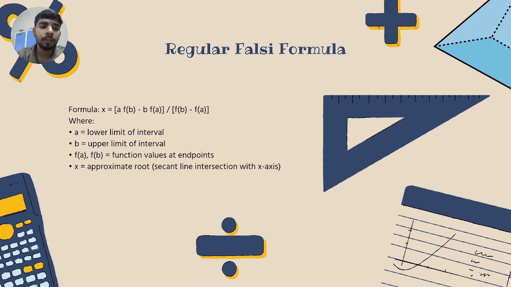Now here there is a different formula: x equals (a f(b) minus b f(a)) divided by (f(b) minus f(a)), where a is the lower limit of the interval and b is the upper limit of the interval. f(a) and f(b) are the function values at the endpoints, and x is the approximate root, the secant line intersection with the x-axis.